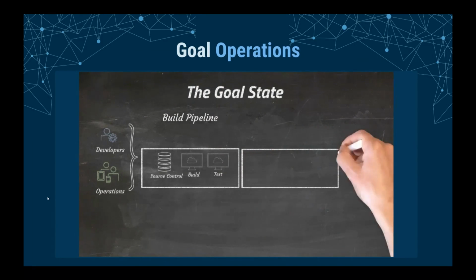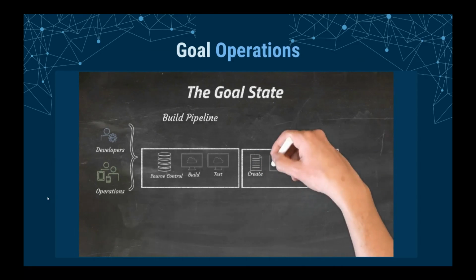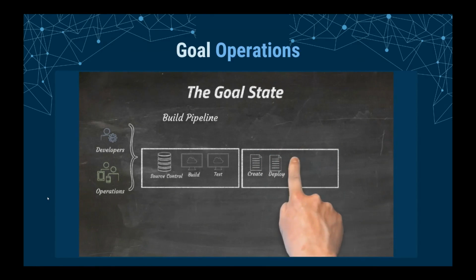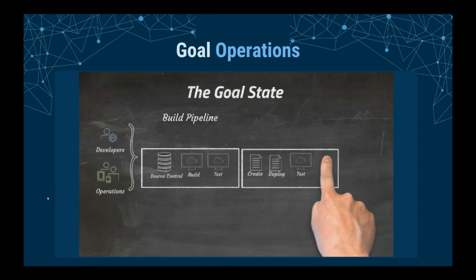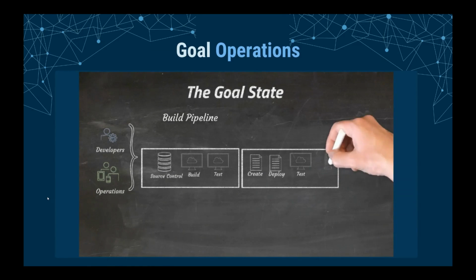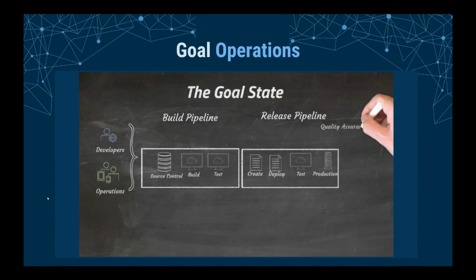So now let's create another pipeline and add the other stuff. We have our create, which is our instructions. We have the actual deploy, which is going to be your binaries or whatever you're pushing around. And of course, you need to run testing, and then it goes to whatever environment it needs to go to. We're going to call this the release pipeline.